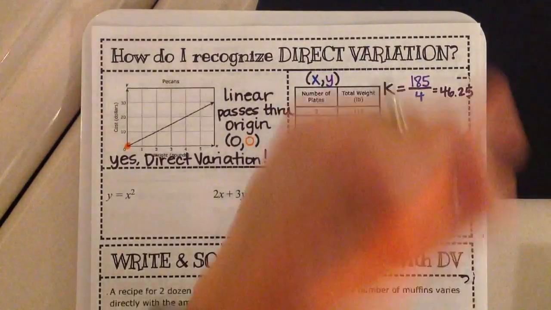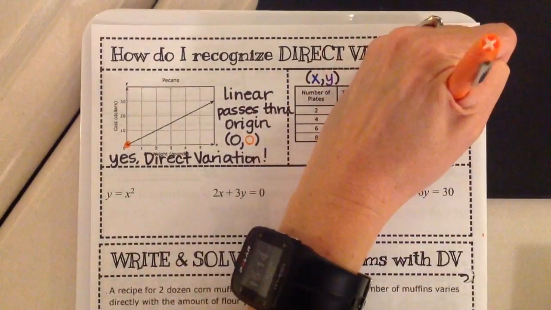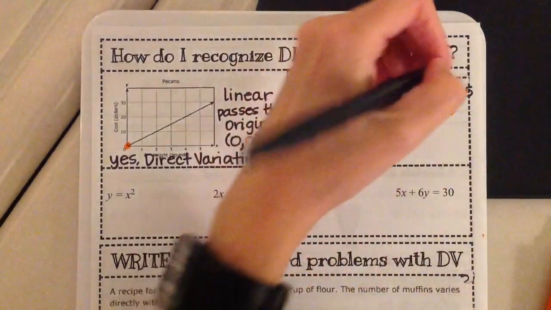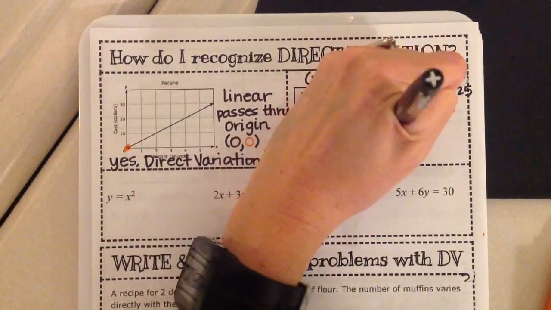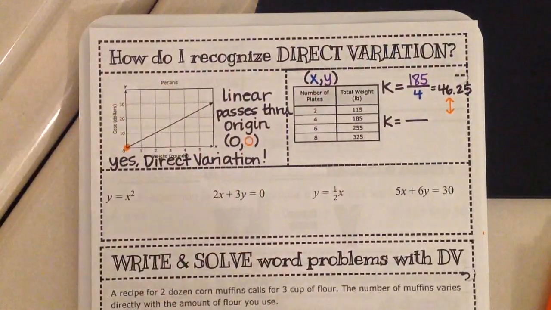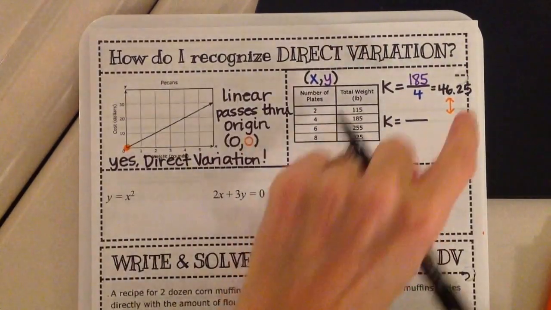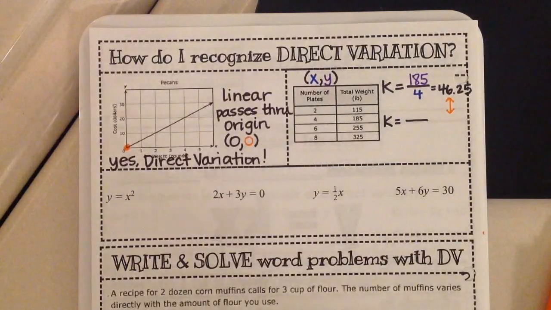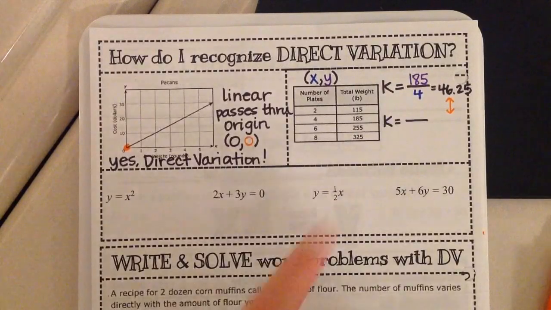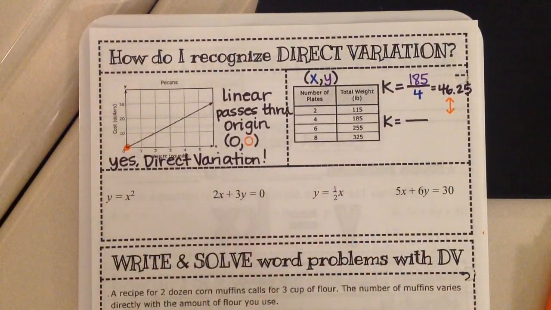Now, I want to see if this ratio is constant. So what I'm going to do is find k again, but this time I'm going to pick a completely different x and y value and see if I get 46 and 25 hundredths. Okay, so what x and y value do I want to pick? Let's do 325.